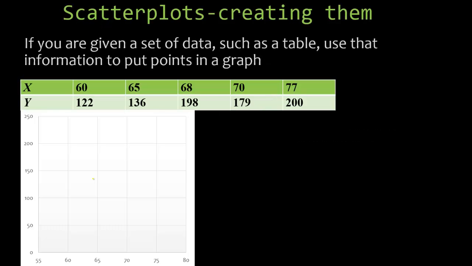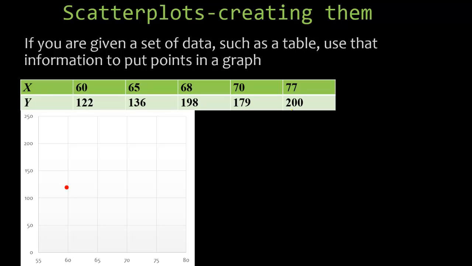So let's start with creating scatter plots. So let's say we're given a table, and x and y could be anything. Really doesn't matter. This is just showing you how to create them. So the top part of your table is usually going to be your independent variable. So we've got 60, 65, 68, 70, and 77. The bottom part, or the right part if it's listed vertically up and down, is going to be 122, 136, 198, 179, and 200.